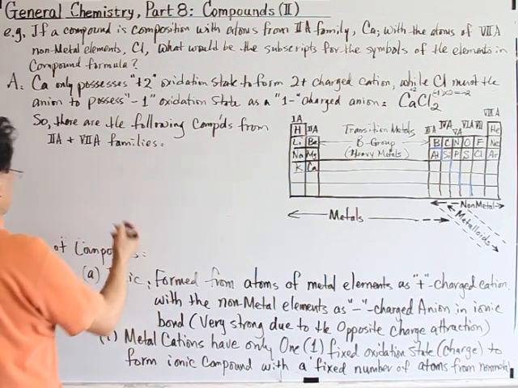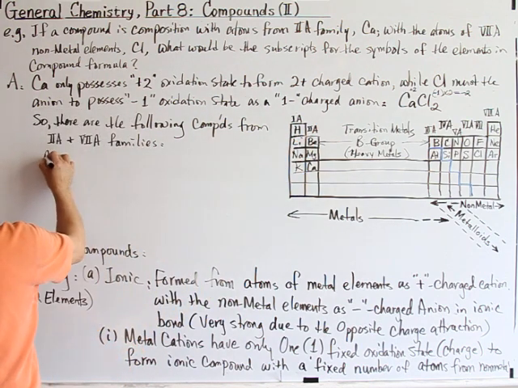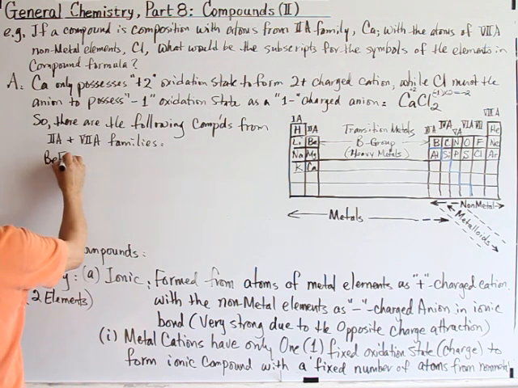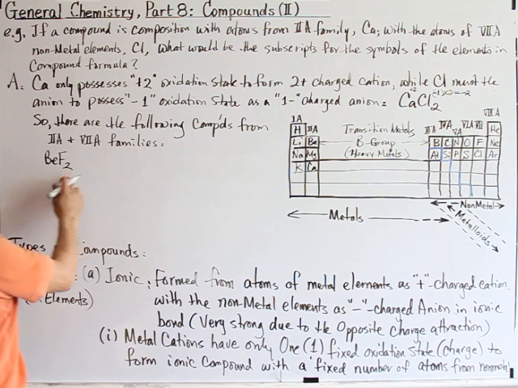So what are they? Let's see. Say beryllium and fluoride will be BeF2. That is 2 plus, 1 minus each.